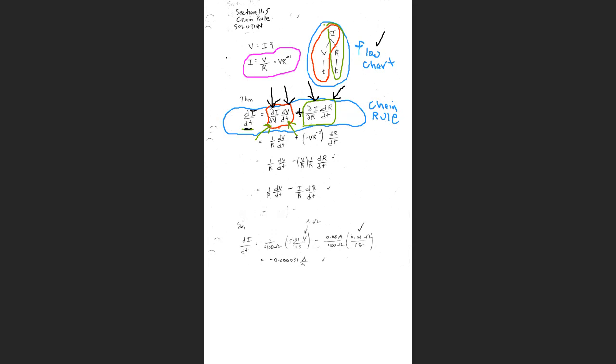So when we differentiate the current with respect to voltage, we treat the resistance as a constant, and that gives you just 1 over R. And when we take the partial derivative of current with respect to resistance, we treat the voltage as a constant. And so that's going to give you negative V times R to the negative second.